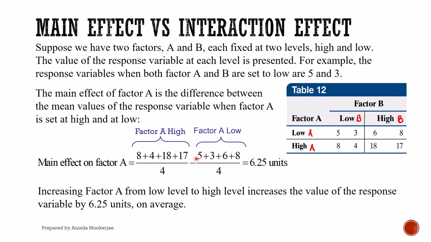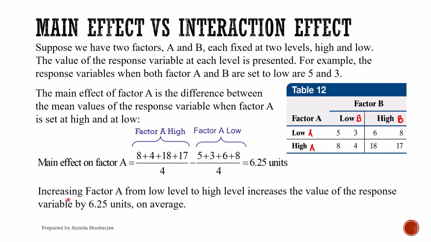And then they have found the difference between the two means. So we have the factor A high mean and the factor A low mean, and we find their difference, and it tells us the difference is 6.25 units. So that gives us the main effect of factor A, where we have completely ignored the influence of factor B, found the mean of all the low-level factor A values and the mean of all the high-level factor A values, and subtracted the low from the high, and we came up with this number 6.25.